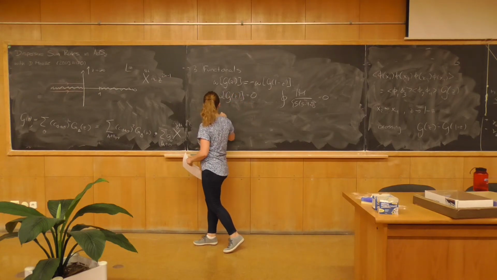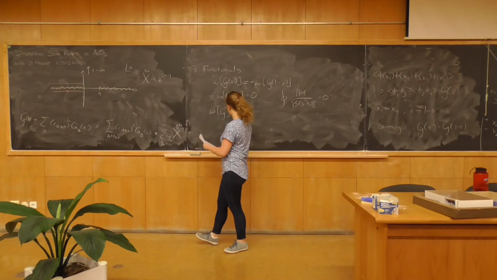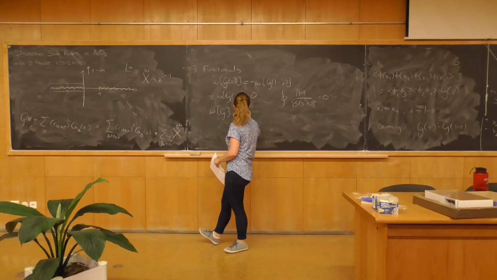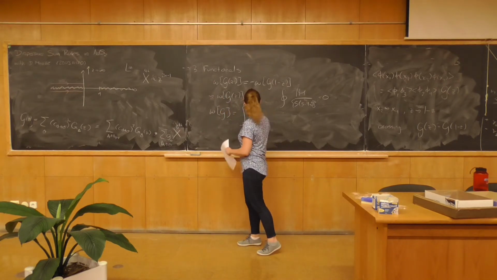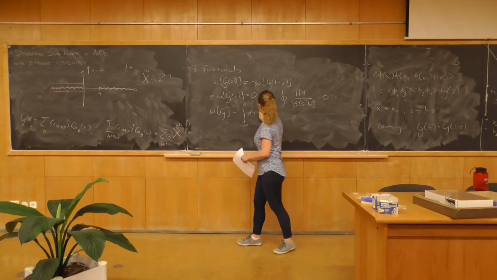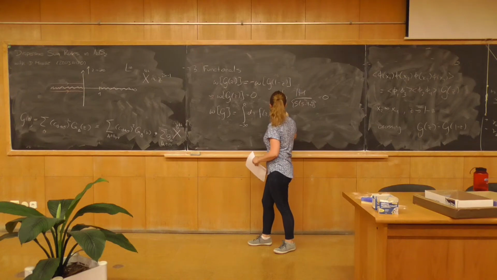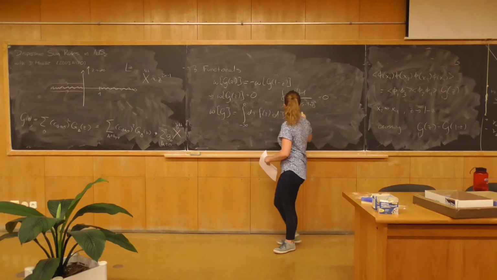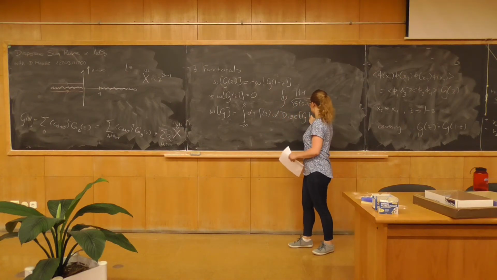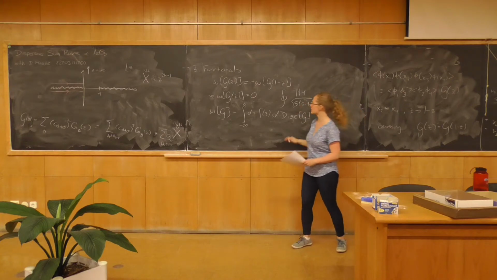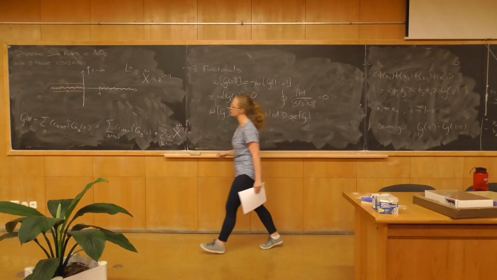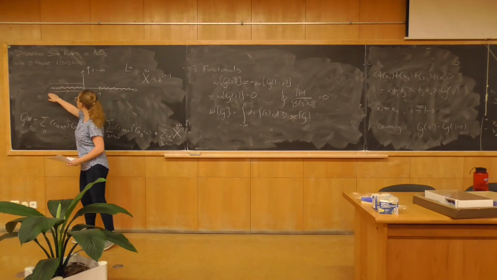So omega acting on G is an integral from minus infinity to 0 of some kernel f of z acting on the double discontinuity of G. In this case, what this looks like is basically you have some contour that goes in the same direction above and below the cut.